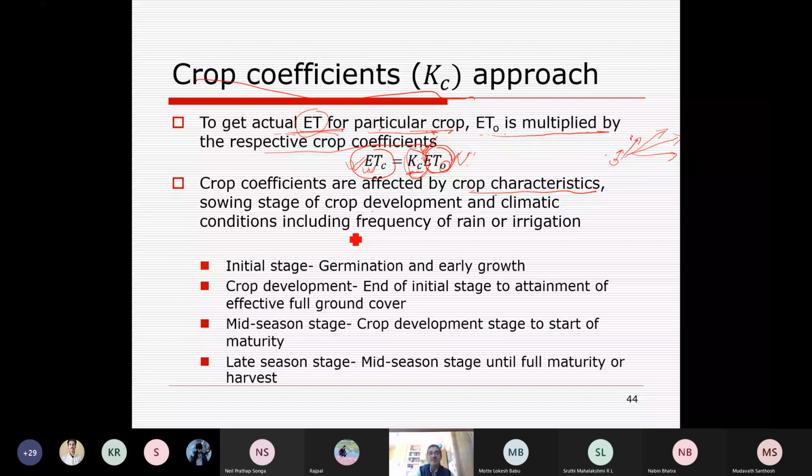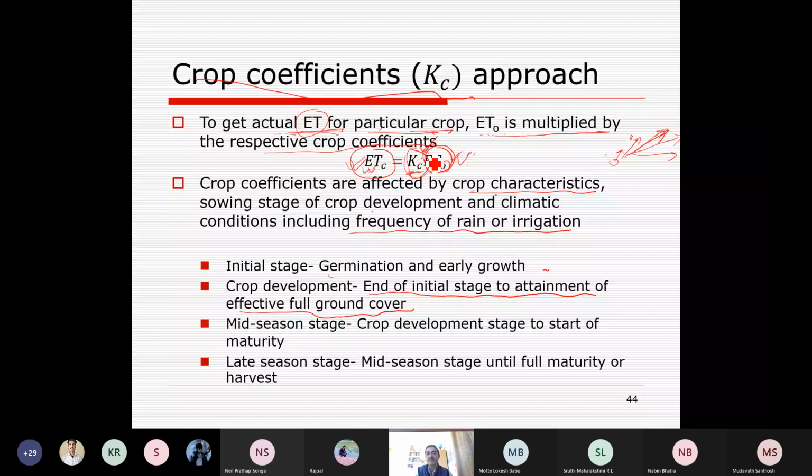So the initial stage is germination and early growth. Then crop development, from the end of the initial stage to attaining effective full ground cover, leading towards the maturity of the crop. So we are talking about different crop growth stages for the Kc condition.